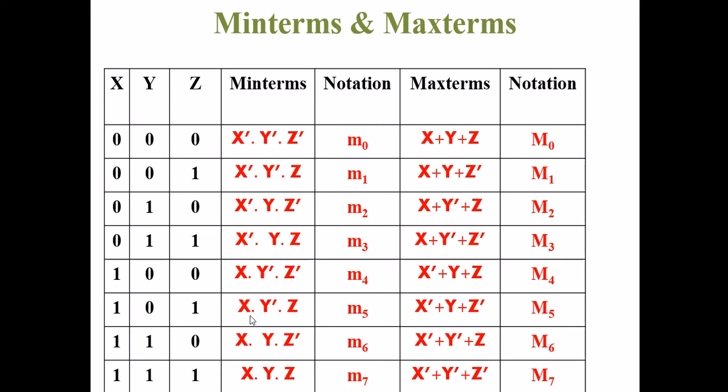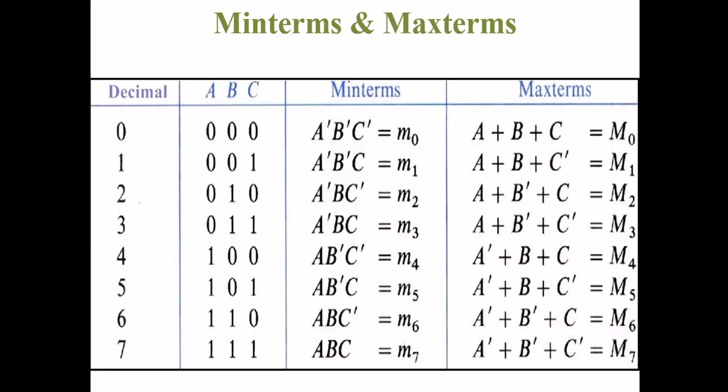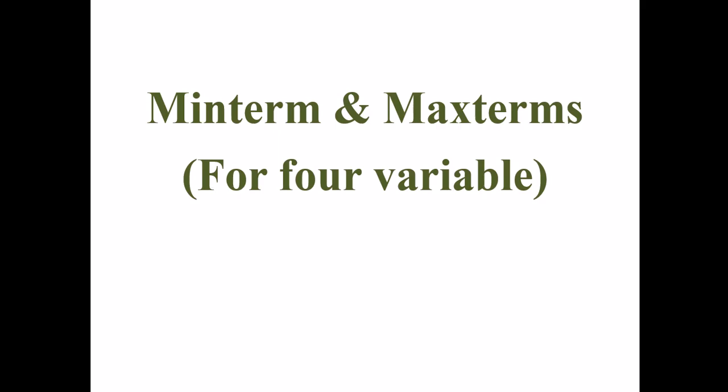Here m5 is x dot y complement dot z and max term m5 is x complement plus y plus z complement. So you just need to apply the De Morgan law, and you will find out the max term value. This table also represents the min terms and max terms.